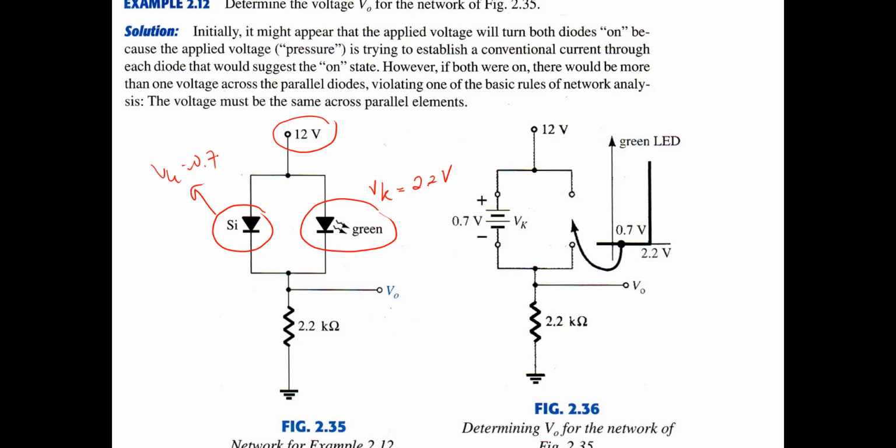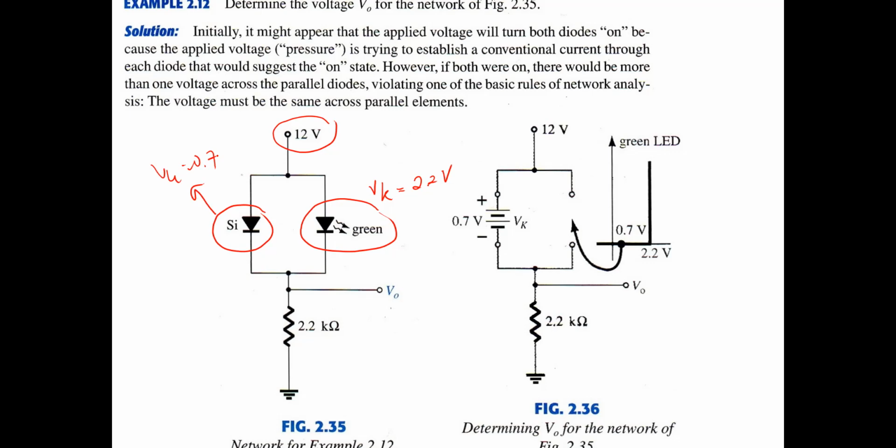Okay, because this is a parallel connection, the voltage across the two diodes must be similar. Parallel means that the voltage is similar. We check that the silicon diode is on if we connect it to 12 volts. So this is on, and the silicon diode will deliver the current here.